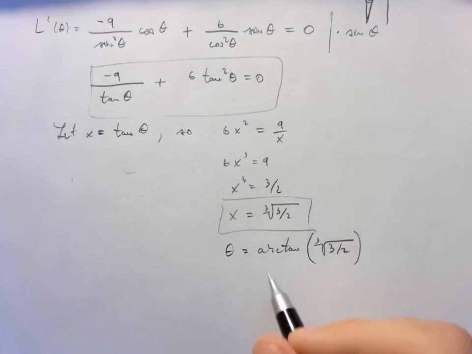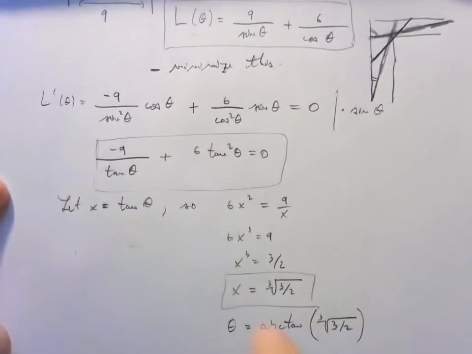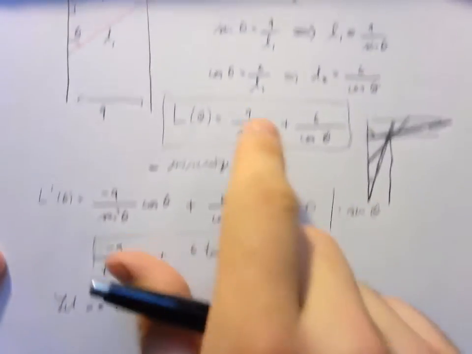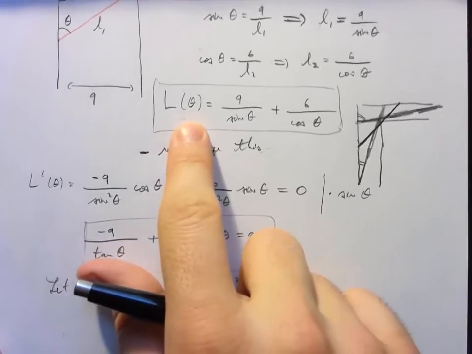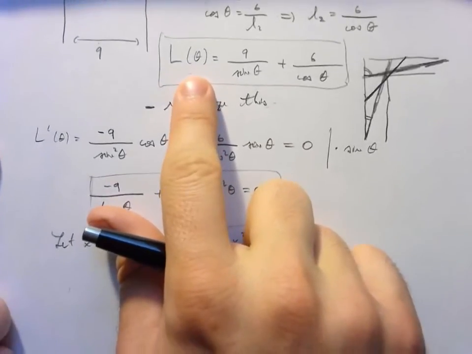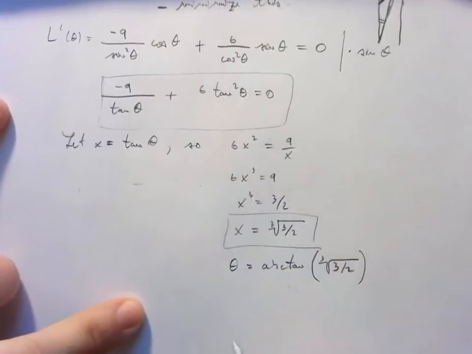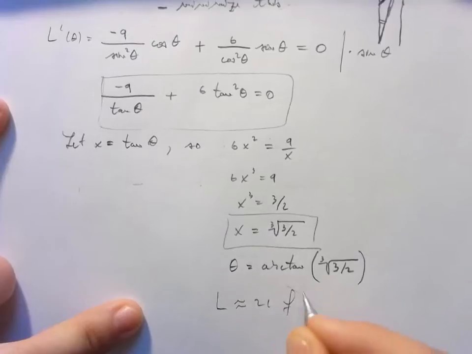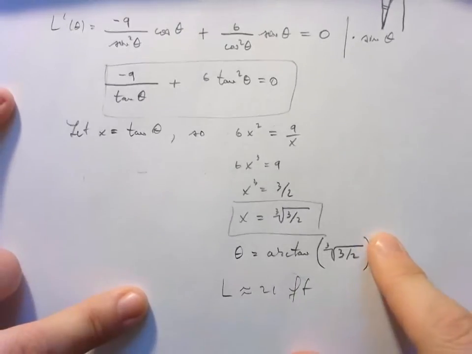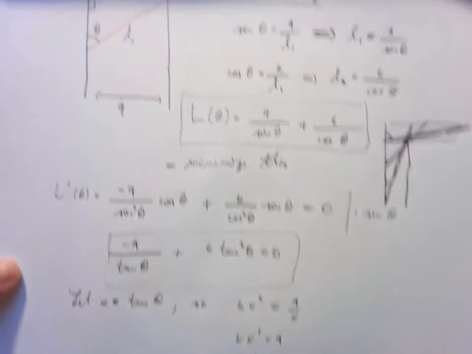Then you take this theta value and plug it into the original function, and that gives you the maximum length of pipe, which I believe was something like 21 point something. Once you do the calculation, L is approximately 21 feet once you plug this value in for theta. So that's problem 28. And now for probably the most difficult question on this review, problem 29.